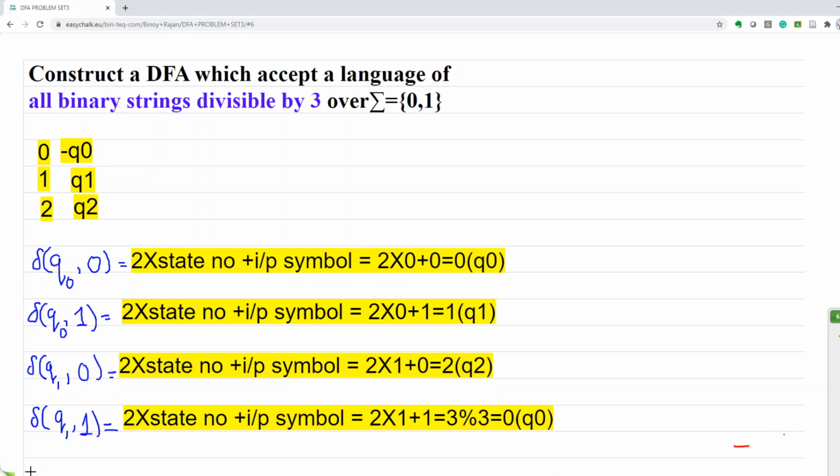Now delta Q2 comma 0, and delta Q2 comma 1.